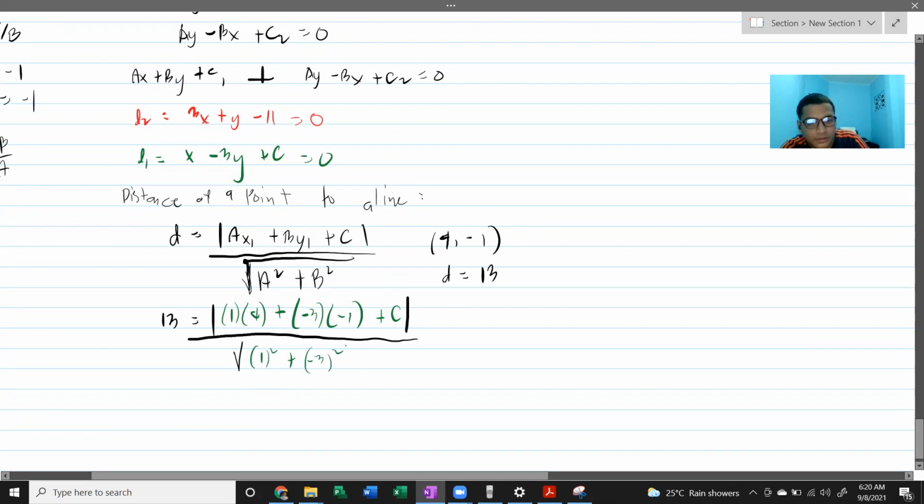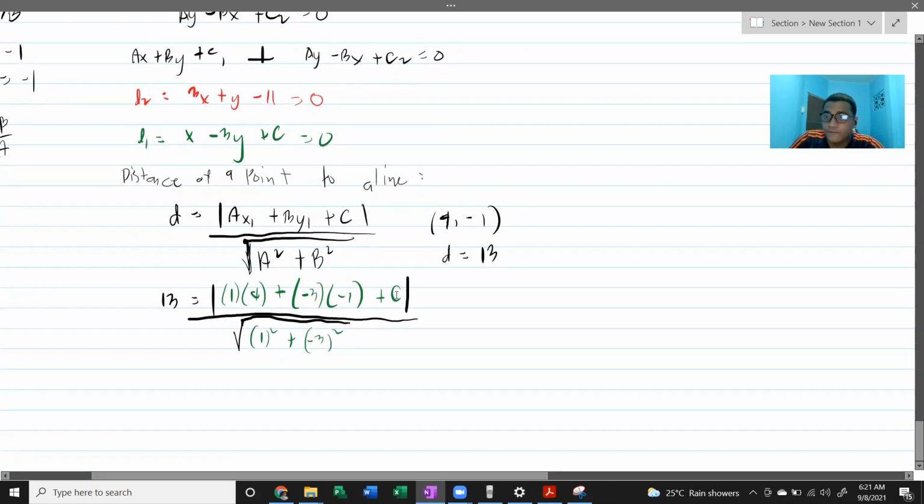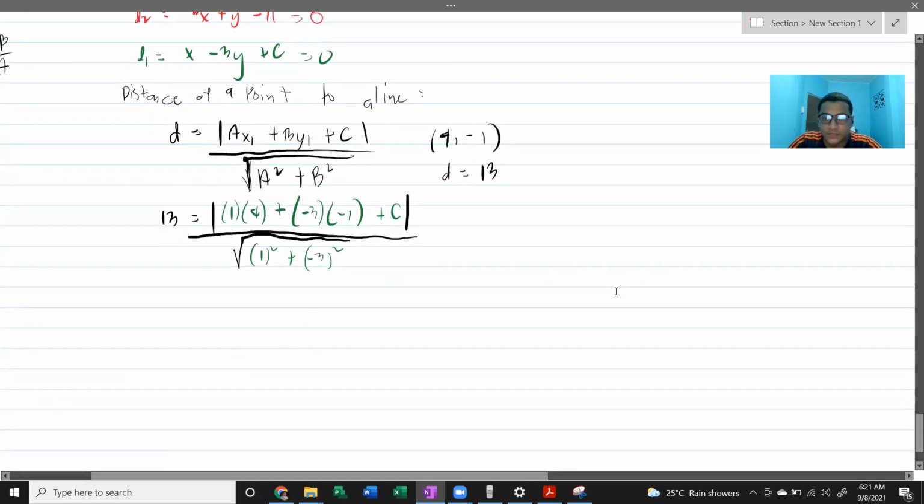Okay, so that's it. Now, since we have an absolute value here, how can we eliminate this absolute value? First, we need to isolate the term with the absolute value. So this is what is equal to square root of 10.